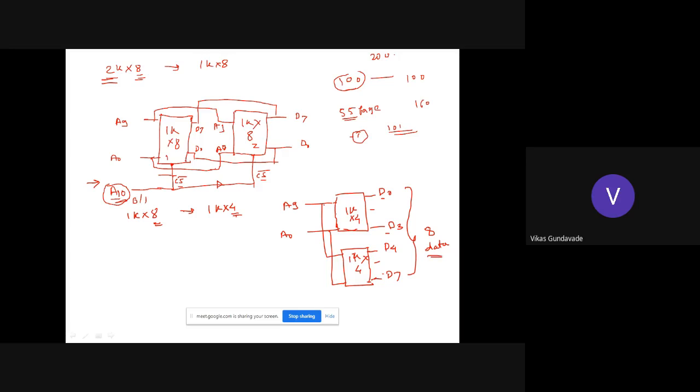Okay, everyone understood it? This is the way of memory organization. Now we will move towards memory addressing.